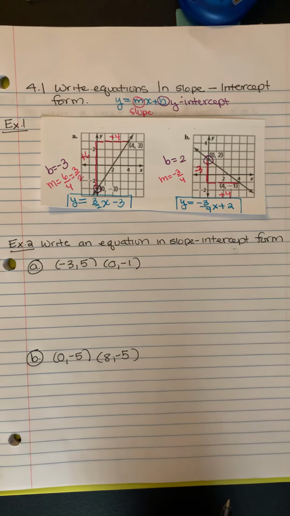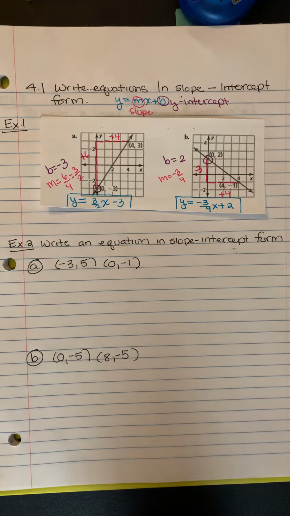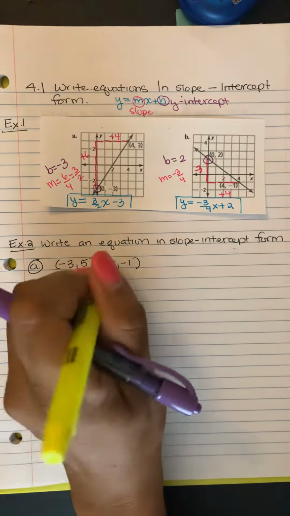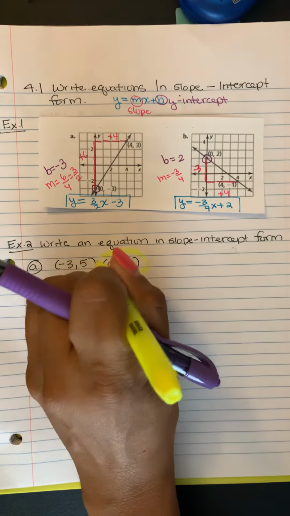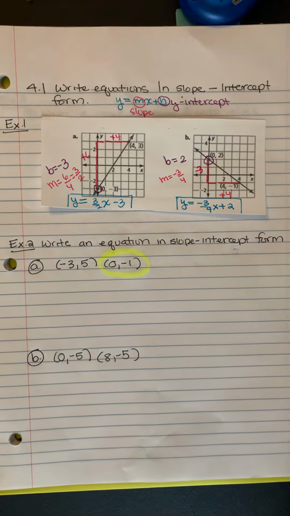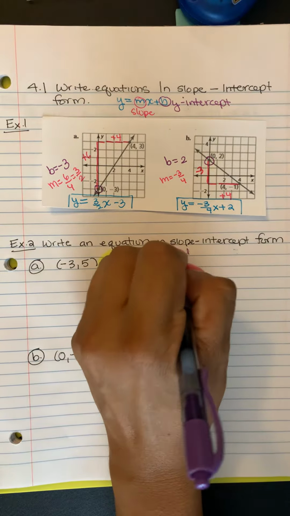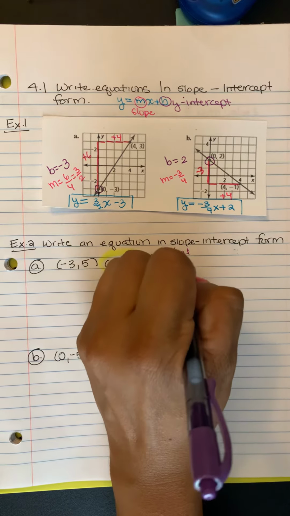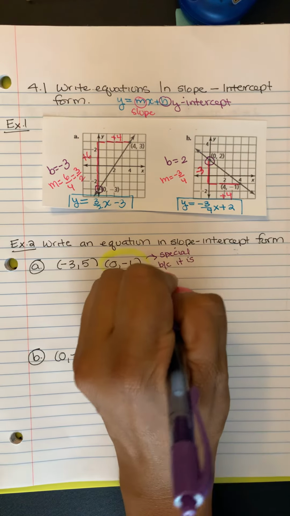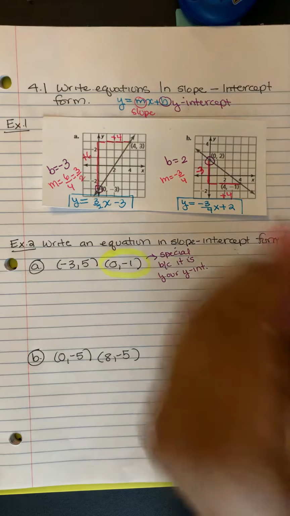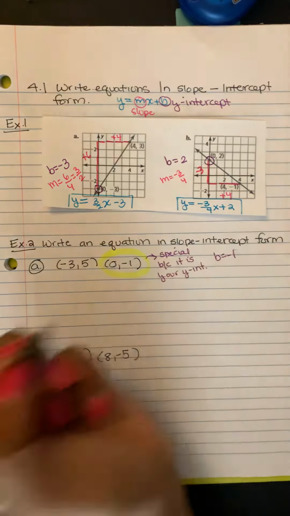It says write an equation in slope-intercept form. When I'm thinking about this, I'm looking at my points, and there's something special about this point. This is special because it is your y-intercept. That's actually your b, so b is equal to -1.